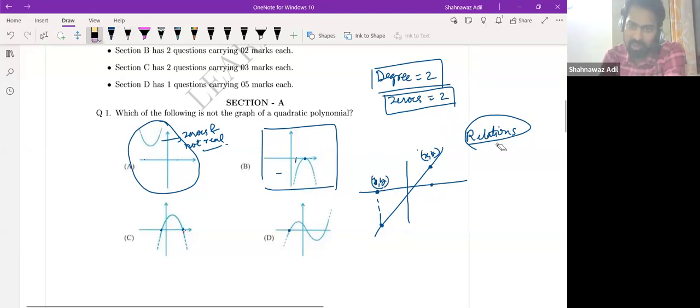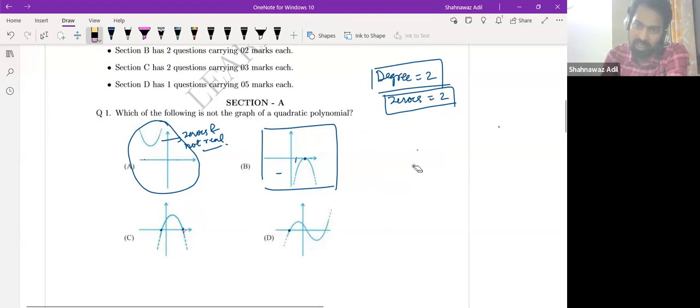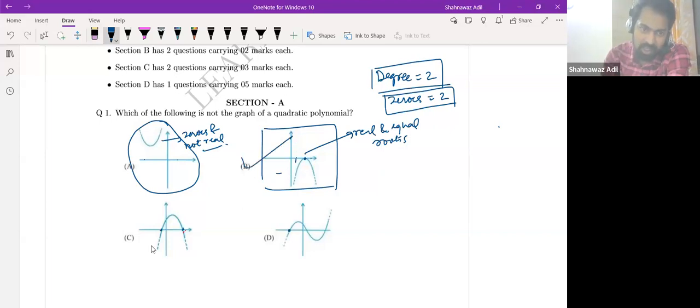This one has real and equal roots, so this is also a quadratic polynomial. And this one you already know has two real and unequal roots. One root is here and the other is here.